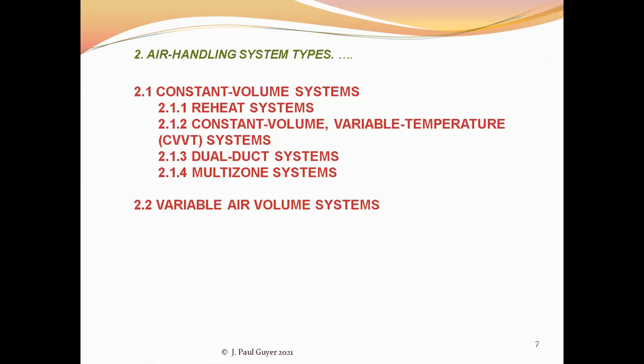And then at the point where the air is to be delivered to the occupied space, there is a mixing box that mixes the hot air and the cold air in order to provide a temperature in the occupied space that is just right for the people that are in that space. So it's a dual duct system.